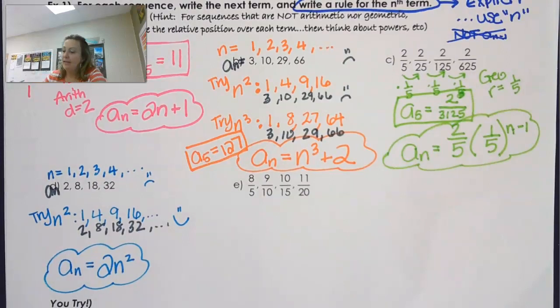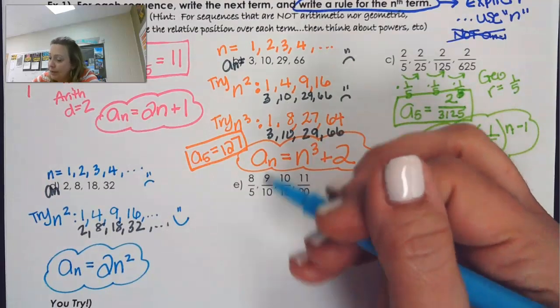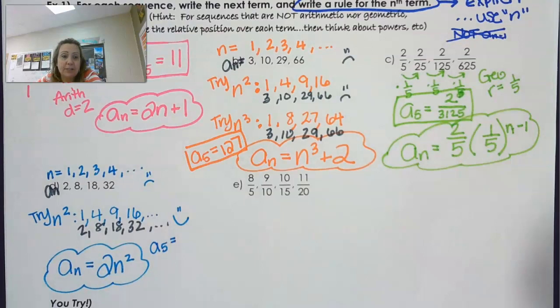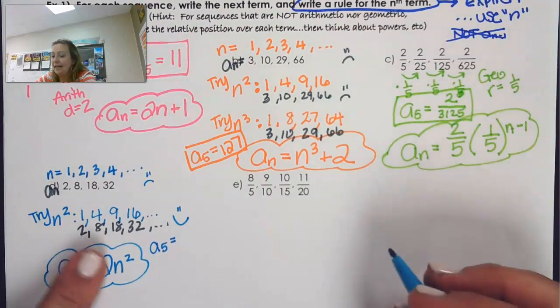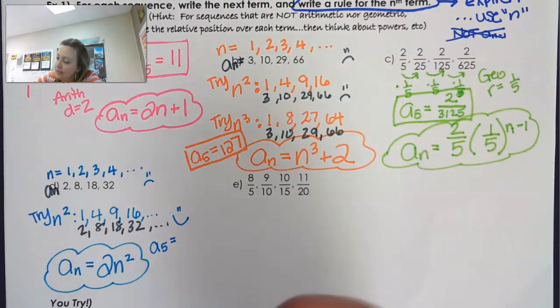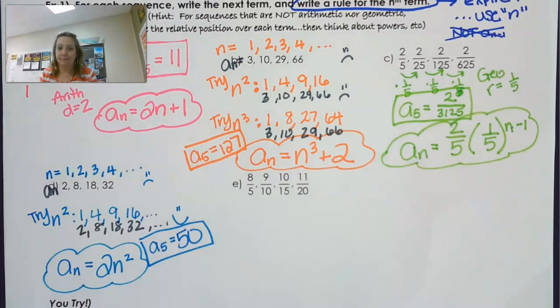Okay? And again, maybe we could have figured out a pattern before, but if not, we can go back now that we have the rule and find what our next term is. A sub 5 means we're going to square 5 and then multiply by 2. So 5 squared is 25 times 2 is 50.